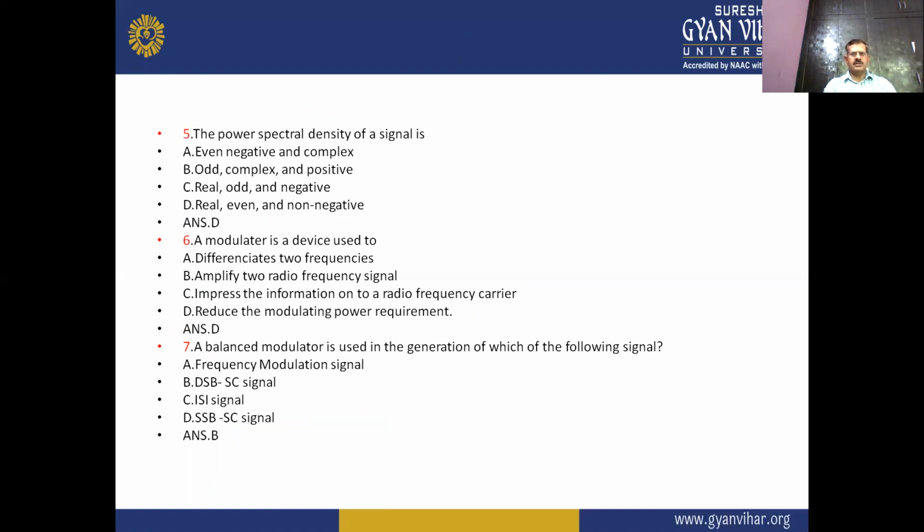In the next question, the power spectral density, PSD, of a signal is: option A, even, negative and complex; option B, odd, complex and positive; option C, real, odd and negative; option D, real, even and non-negative.